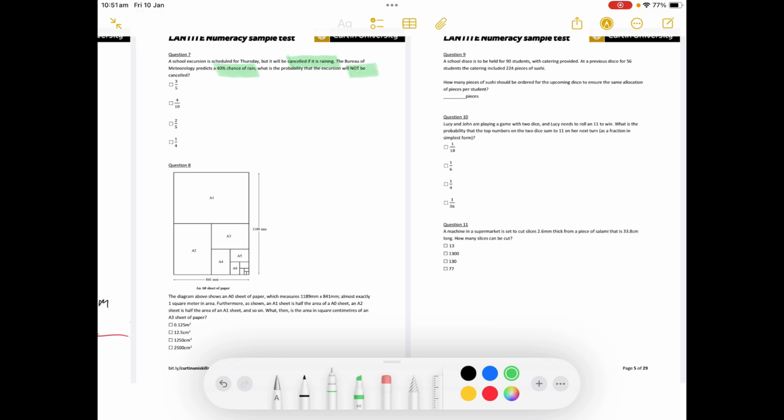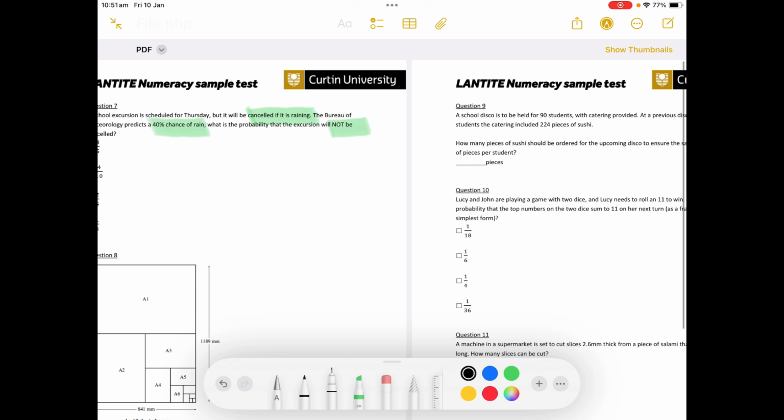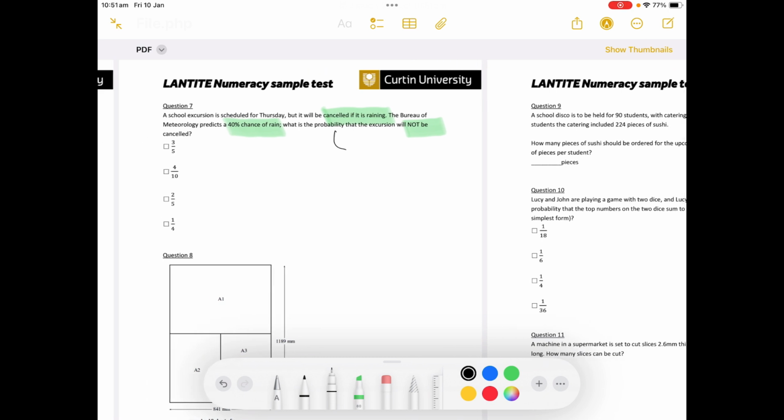So in this question, what I'm looking for is the probability of not raining, okay? And I've got 40% chance of rain. Now I can see my answers are expressed as fractions. Now, in probability, you have 100% chance of something happening, okay? So I've got 100% chance of something happening, and my options are either rain or not rain, okay?